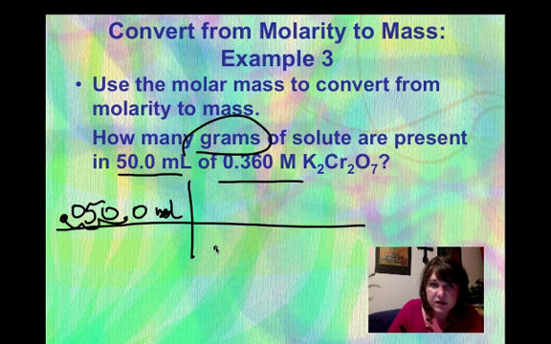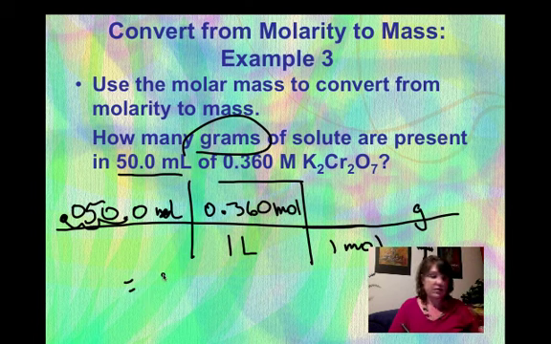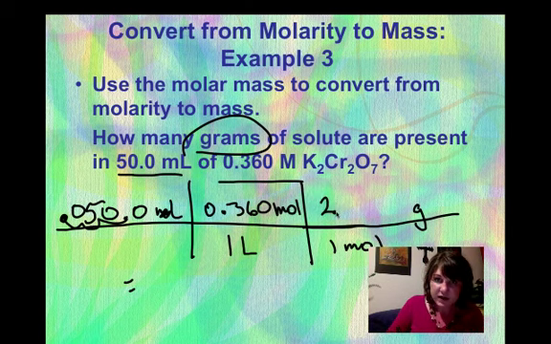And what's our concentration? We better put liters on the bottom. For every 1 liter I have 0.360 moles. Great. So now we're going to change moles to grams. For every 1 mole of potassium dichromate, how many grams do we have? I'm going to need my calculator and my periodic table. So let's see. Okay, so I'm getting a molar mass of 294.2 grams.